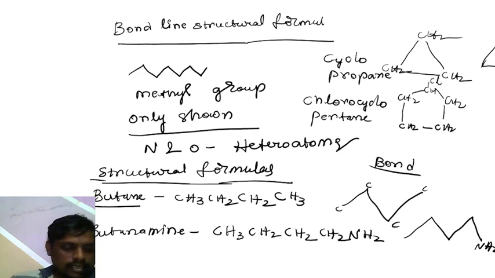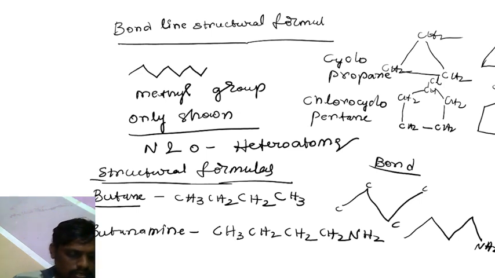This is the structural formula for chlorocyclopentane. And what is the bond line formula? You have to draw like this, and chlorine I have to mention here. Got my point?